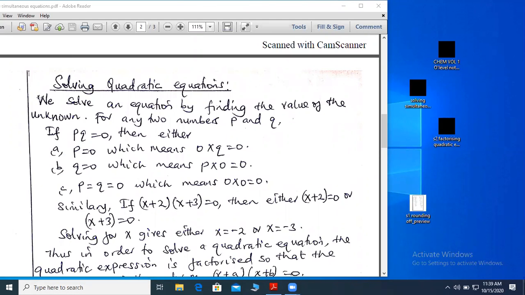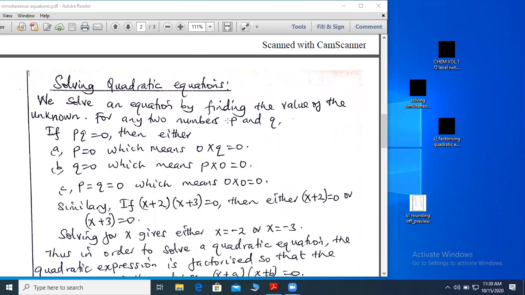So we are saying we solve an equation by finding the value of the unknown. That is the procedure of solving an equation.